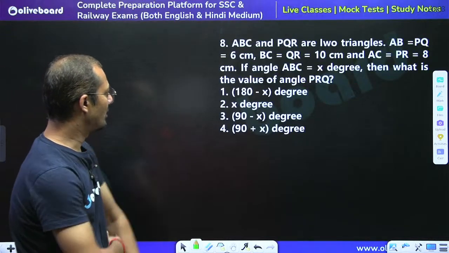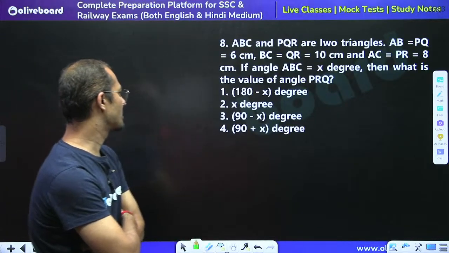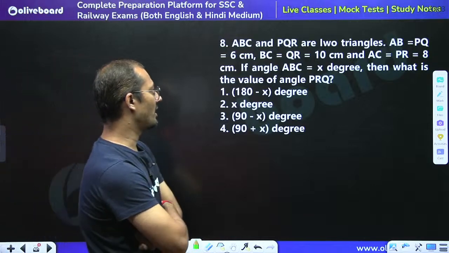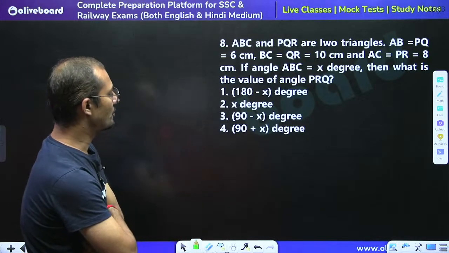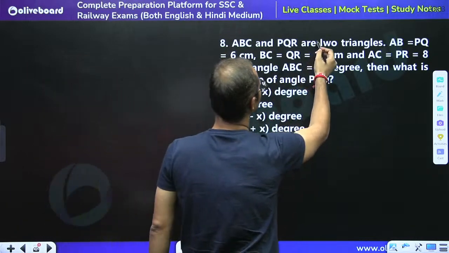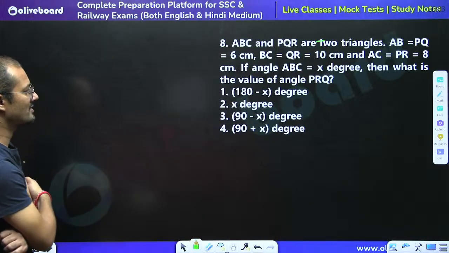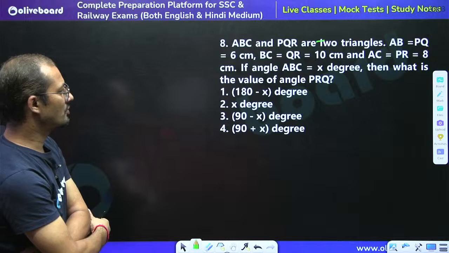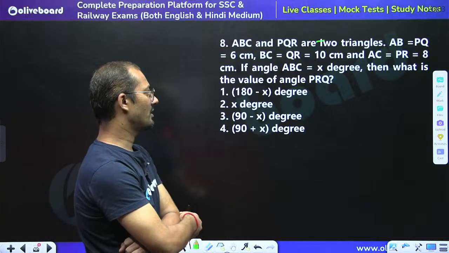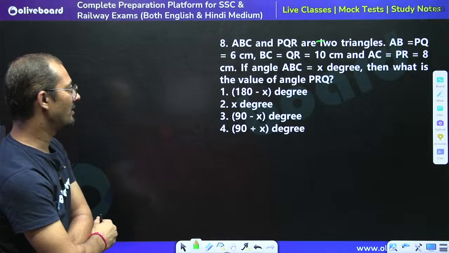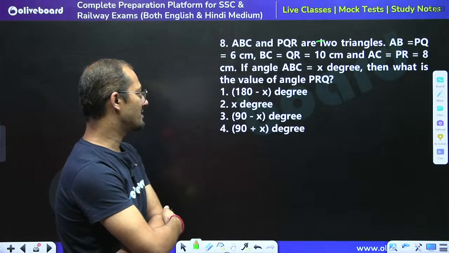Okay. Now tell me what is the answer for this question. Triangles ABC and PQR are two triangles. AB is equal to PQ is equal to 6 centimeter. BC is equal to QR is equal to 10 centimeter. AC is equal to PR is equal to 8 centimeter. If angle ABC is equal to X degree, right?